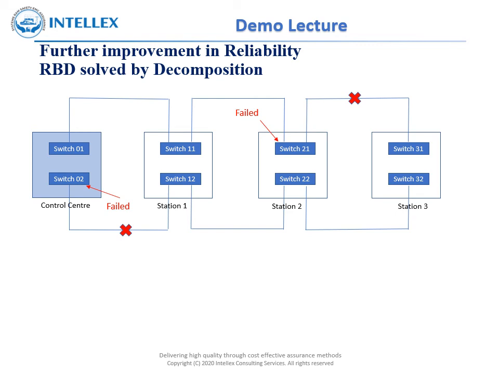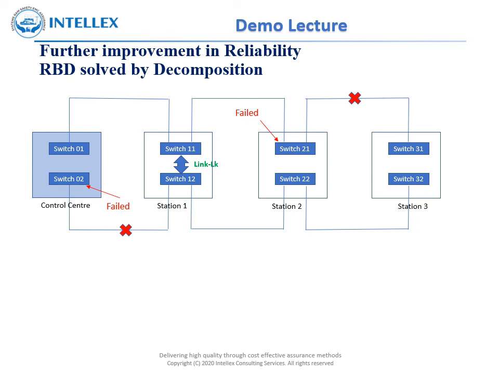To deal with such situations of multiple failures, links are provided between the switches of a station at selected stations. The link provides communication between the two paths. Let us see how this link helps in dealing with multiple failures.